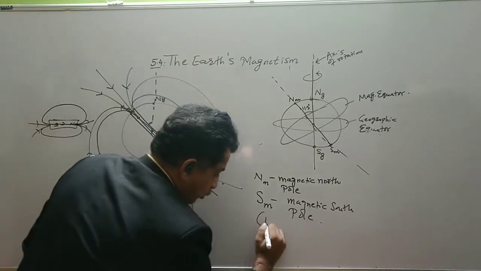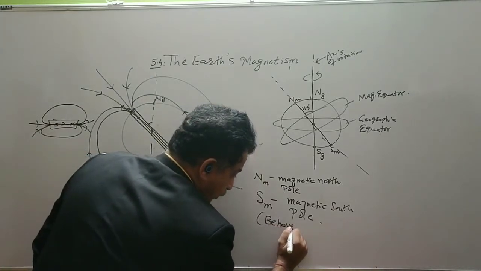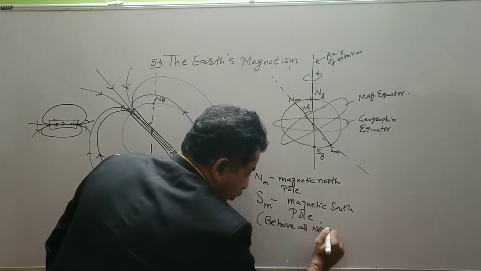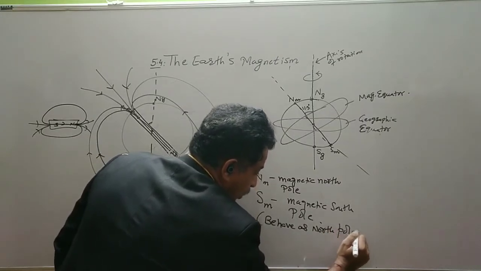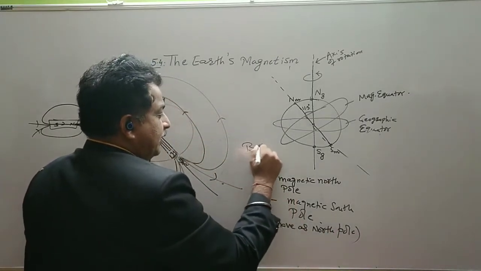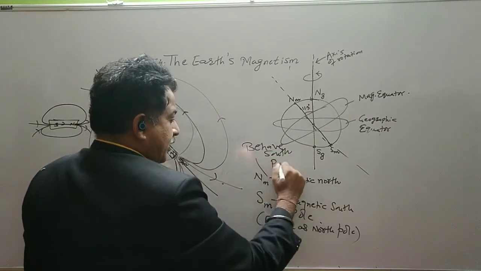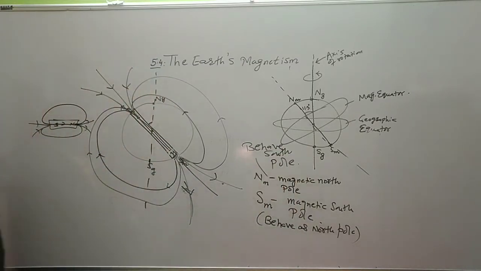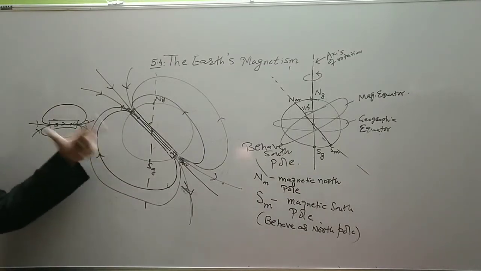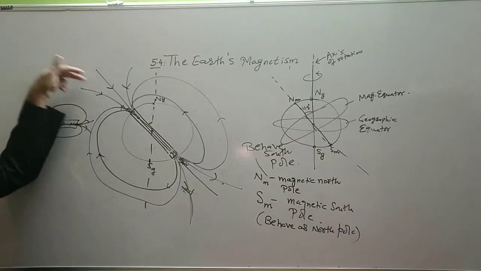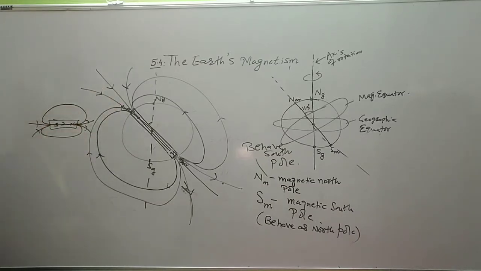So the magnetic south pole behaves as a north pole, and this behaves as a south pole, because we have to draw the field lines again and again. So it should not be confused with the direction. We have a north, and if we put an arrow inside, it creates a confusion.